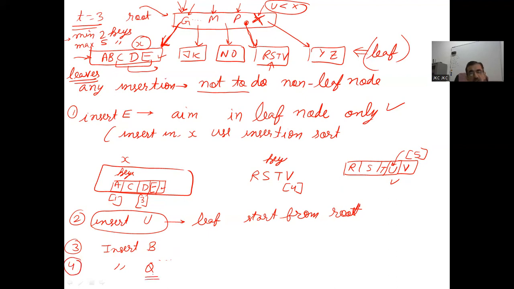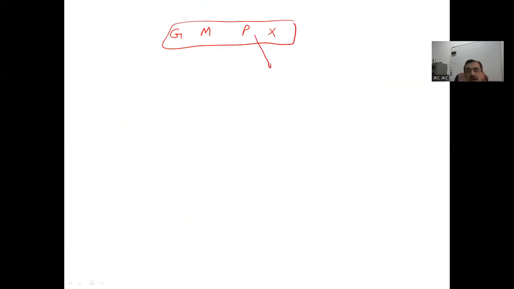So I take a new situation. What I have got is at present G, M, E, X, and under this pointer, for the time being, I have R, S, T, U, V. I said insert Q. From here, you will compare, keep on comparing, keep on finding.